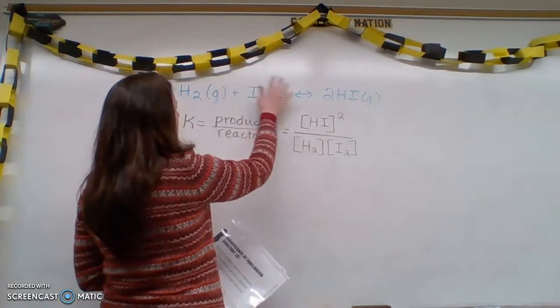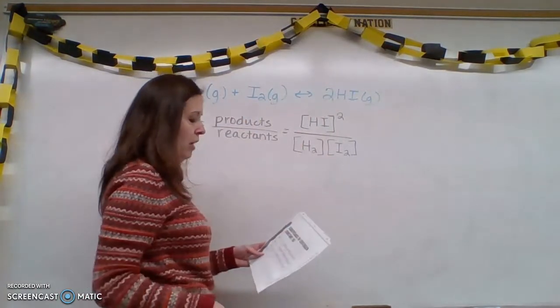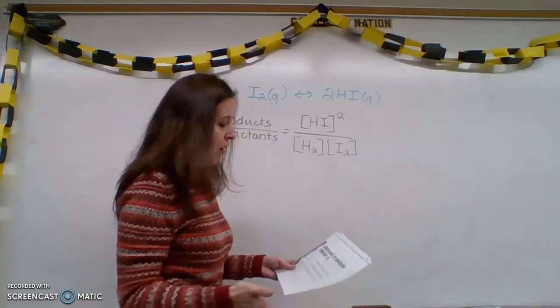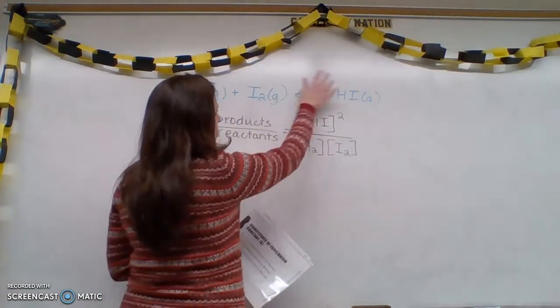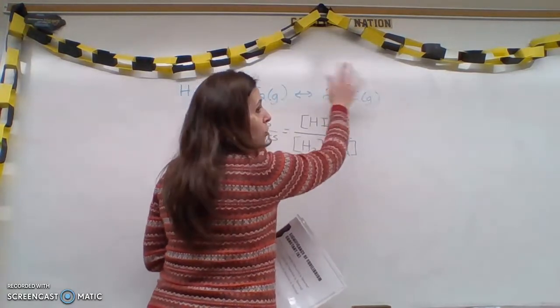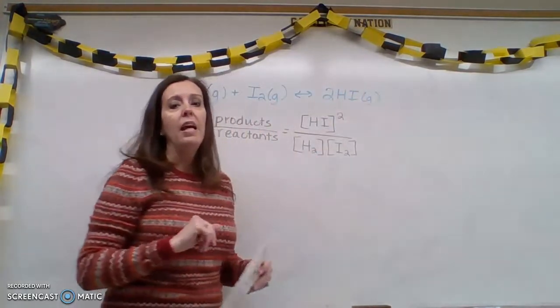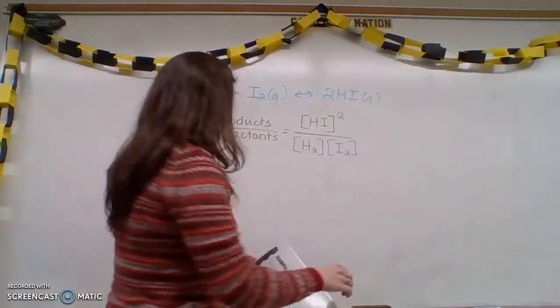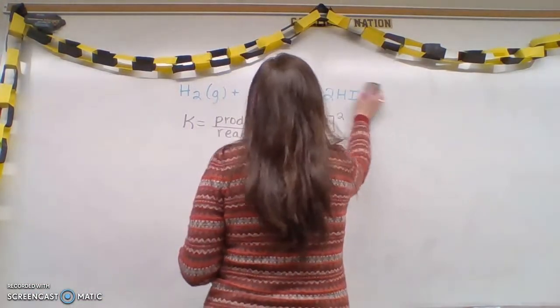So that means going to the left is going to be favored. If K equals 1, it's at equilibrium, neither side is favored. And if K is greater than 1, going this way, the regular way, the forward way, is favored.